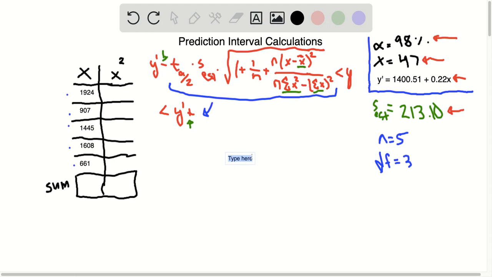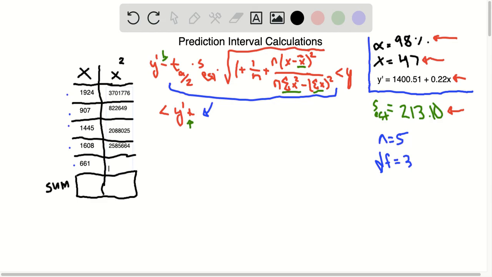So let's go ahead and start calculating our x squared values. So for example, 1,924 squared is going to give us 3,701,776. And we will go ahead and put that in its appropriate spot. And then similarly, 907 squared will give us 822,649. 1,444 squared will give us 2,088,025. 1,608 squared will give us 2,585,664.